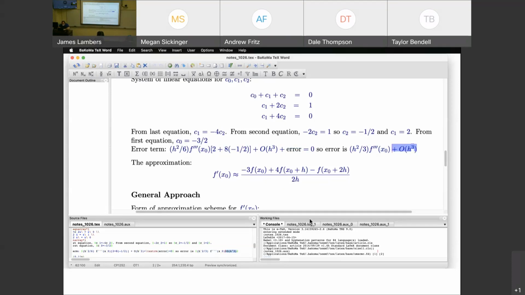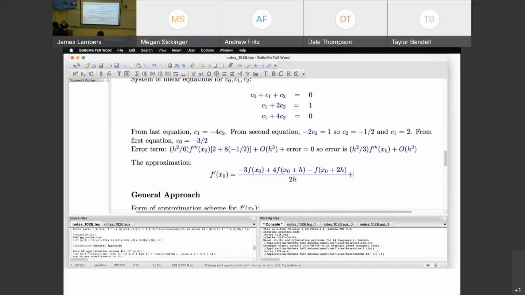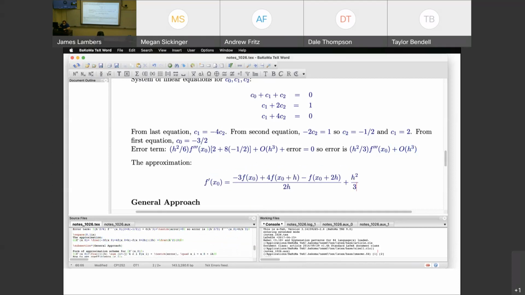So more precisely, I have my approximation here, but really I want to write this in a way that includes the error term. So plus h squared over 3 f triple prime, plus order h cubed. Or I can also write it this way.